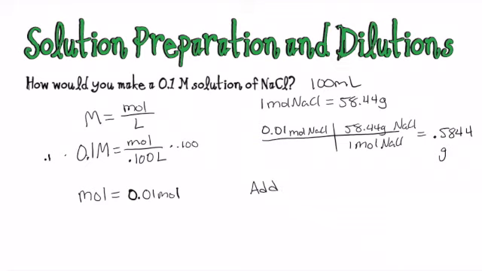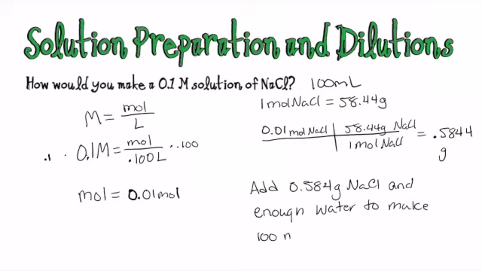So we would add 0.584 grams of sodium chloride and enough water to make 100 milliliters.